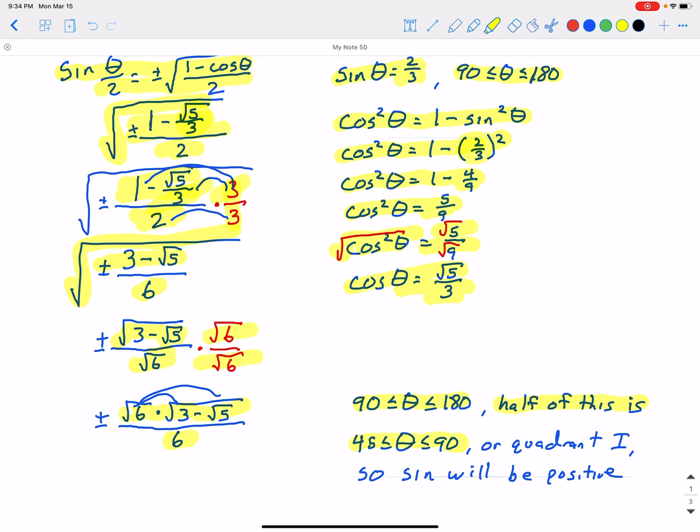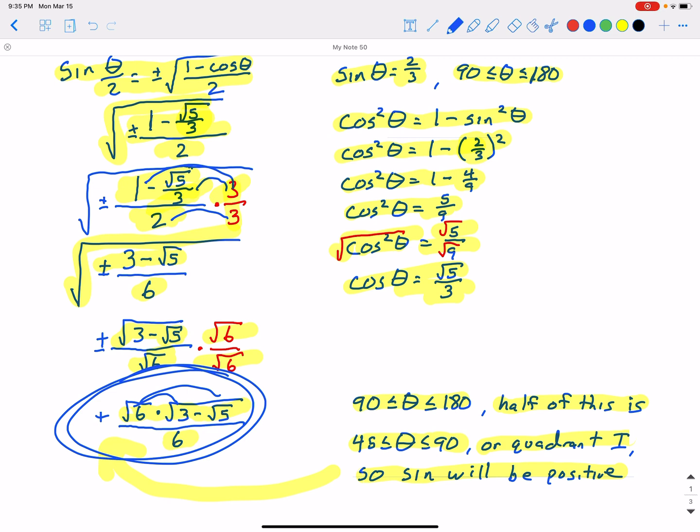So theta over 2 is between 45 and 90, that's quadrant 1, and sine is positive in quadrant 1. So what that means is going back over to here, that the answer is going to be only the positive solution and not the negative solution. So I will just erase that negative out. And so the answer is positive square root of 6 times square root of 3 minus the square root of 5, all over 6.